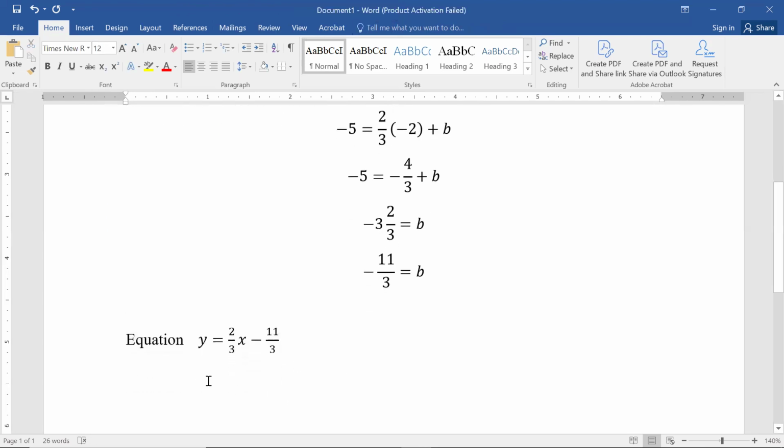So there you go. That's the answer. And again, if your teacher, your instructor, your professor, whatever system you're on, wants decimals or the mixed numbers, then you can use that as well.